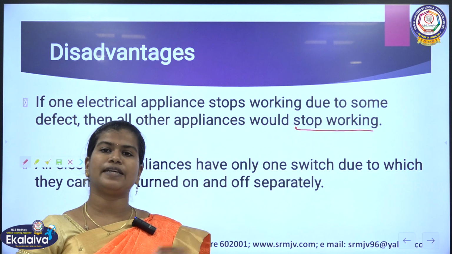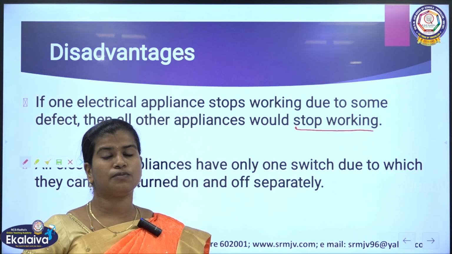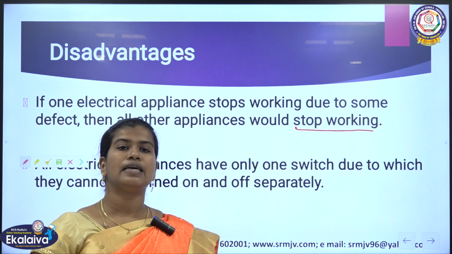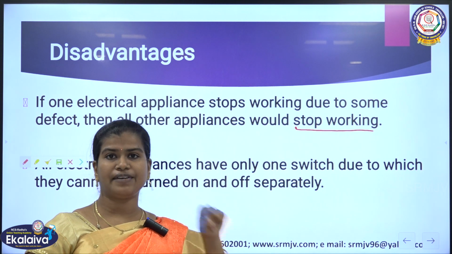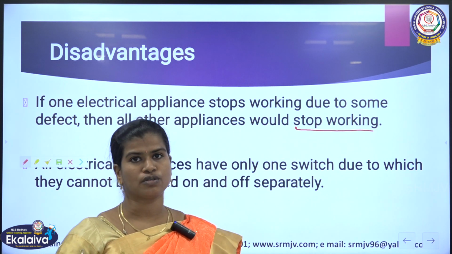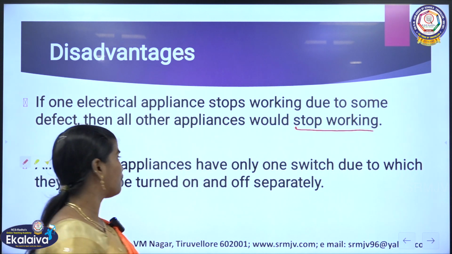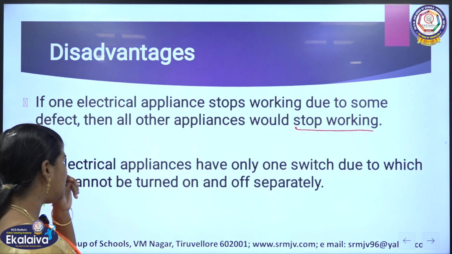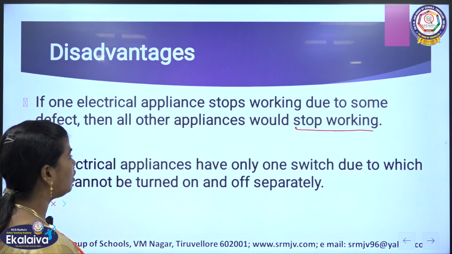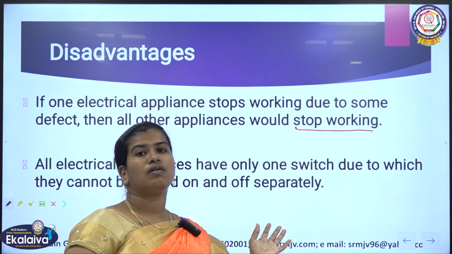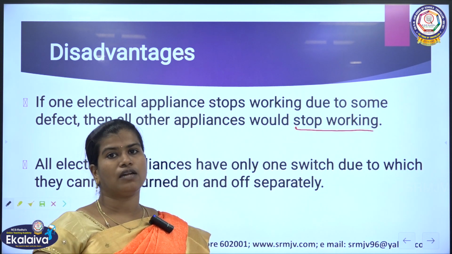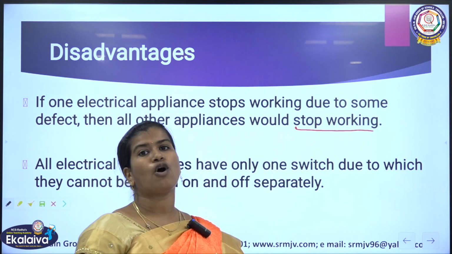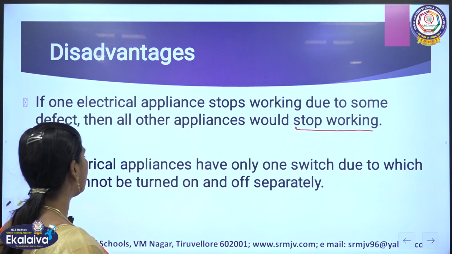If it is 2 bulbs, it is very easy to find out, but in case thousands of bulbs are connected, for example, in decorative lights, if 1000 bulbs are connected in series and one bulb is fused, it is very, very difficult to find out which bulb has fused. Okay, that is a very big disadvantage. And all electrical appliances have only one switch, due to which they cannot be turned on and off separately. So, all the 1000 bulbs together only we can switch on or off, we cannot switch on and off separately, individual bulbs cannot be operated, that is another disadvantage.